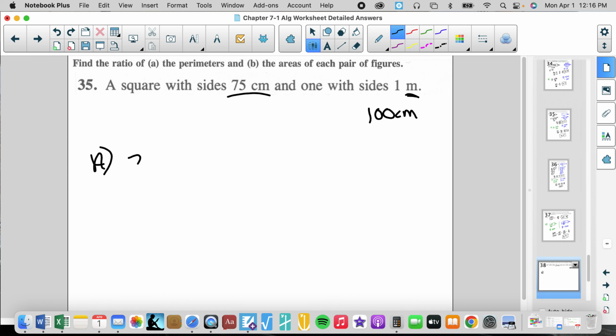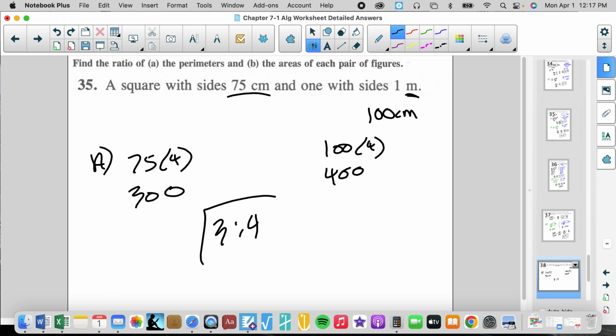So that's going to be 75 times 4, which is 300. And perimeter is 100 times 4. So a 3 to 4 ratio of perimeters for 35. 3 to 4. Good.